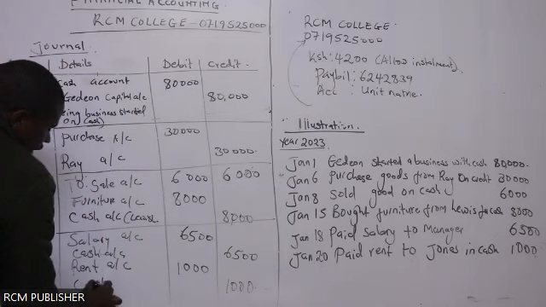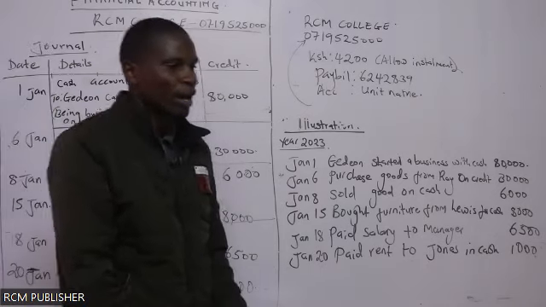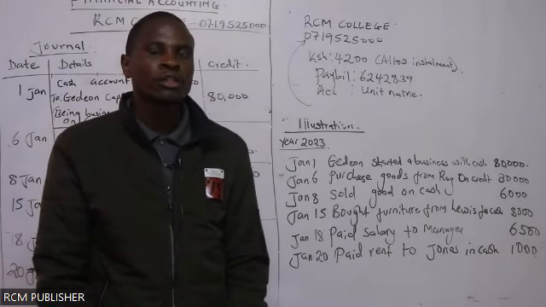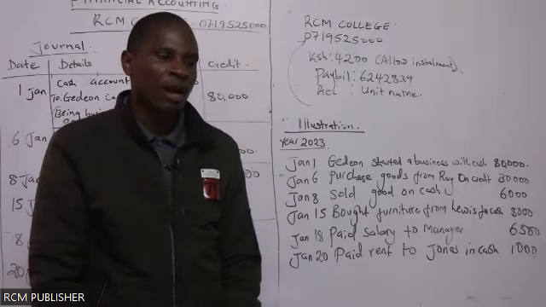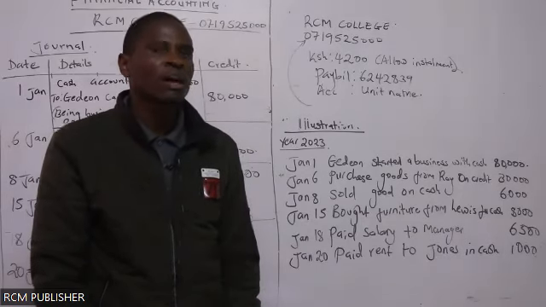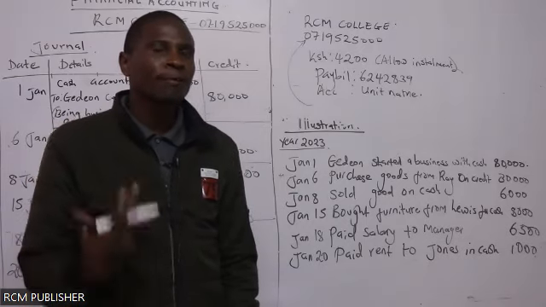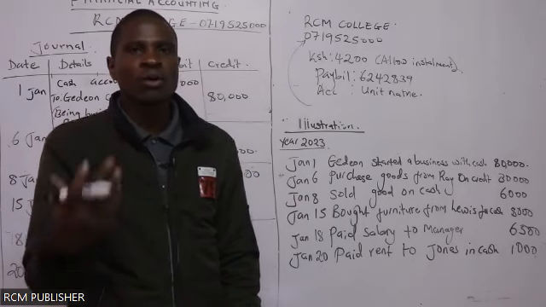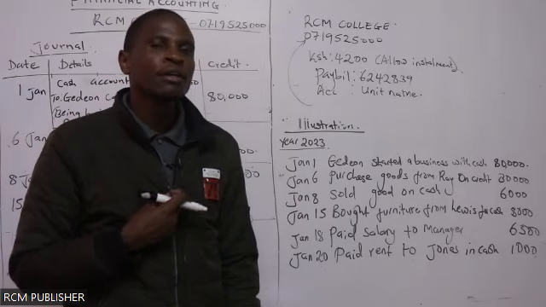Of course, it was paid through cash. Therefore, you are also going to credit the cash account with 1,000. And that means our money has reduced. If we had 10,000 in cash and we have paid a rent of 1,000, that means our money now remains 9,000.